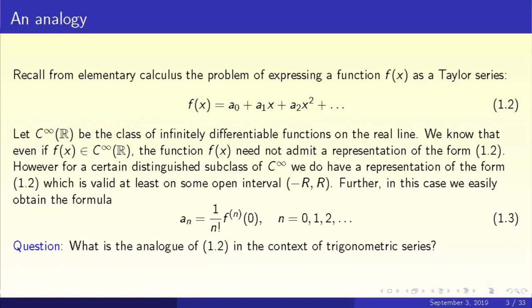We differentiate 1.2 n times and put x equal to 0, and we get the equation 1.3, namely a_n equal to 1 upon n factorial times the nth derivative of f evaluated at 0. So the coefficients a_n can be recovered from f(x) via 1.3. Now the question is, what is the analog of 1.3 in the context of trigonometric series?